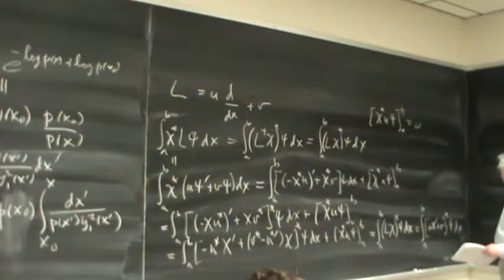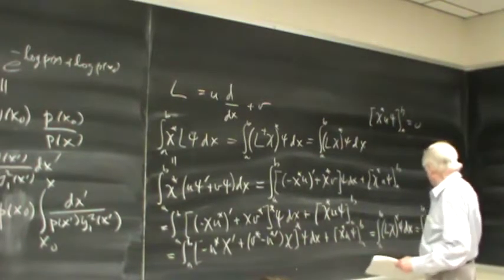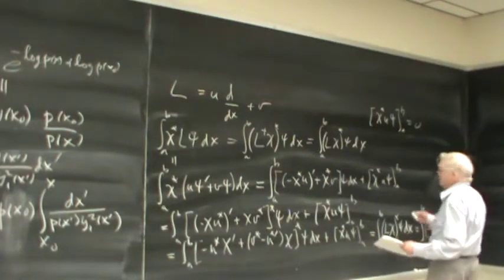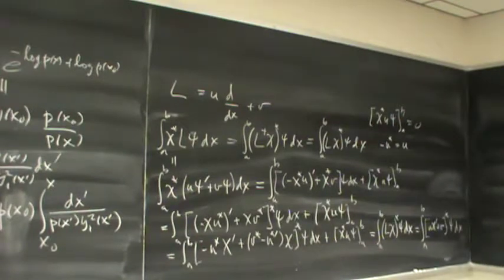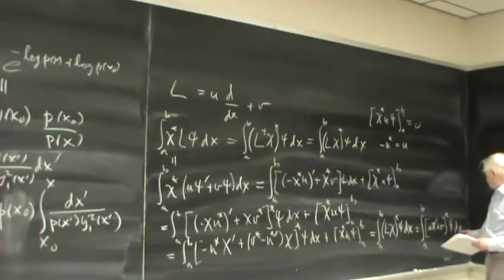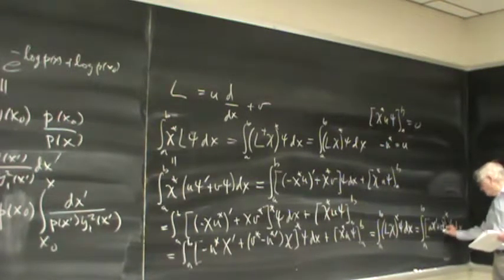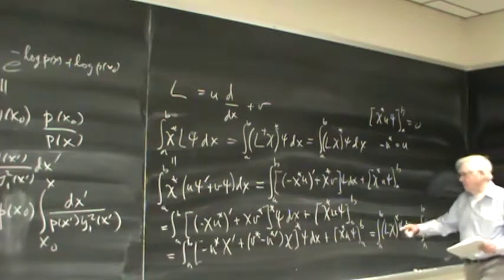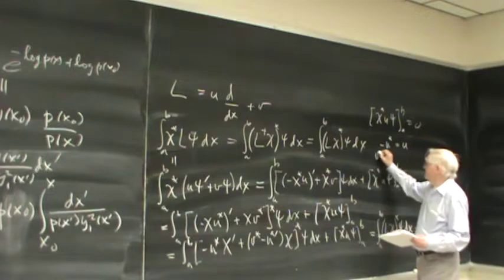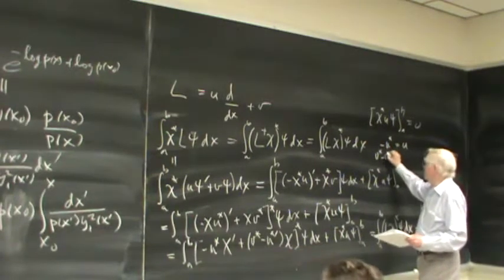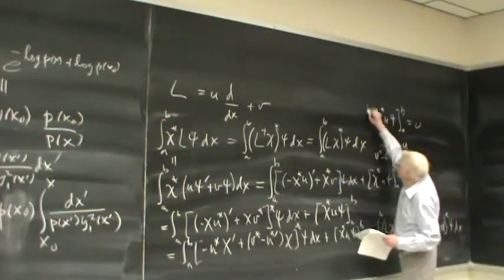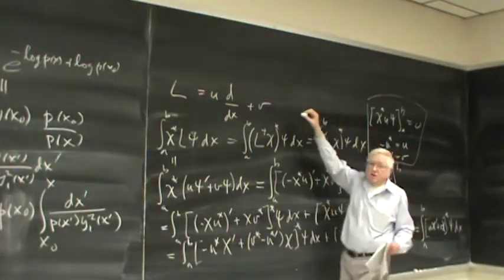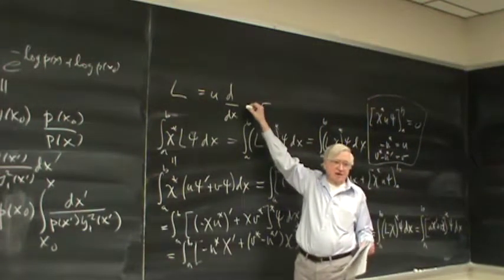So what we need is the coefficient of chi prime is, in one case, minus u star, and in the other case it's u. And then the coefficient of chi, whoops, there's a chi here. The coefficient of chi in one case is v star minus u star prime, and over here it's just v. So these are the three conditions that we need for this to be a self-adjoint differential operator.